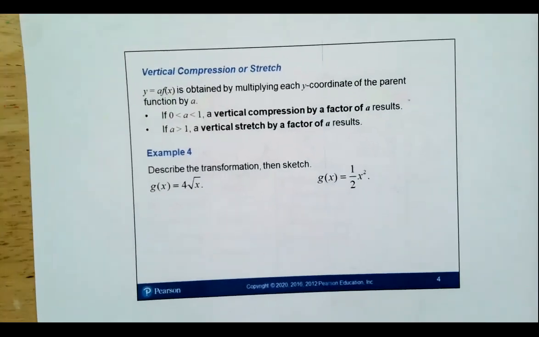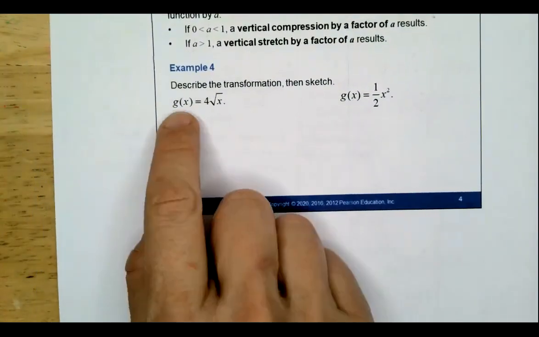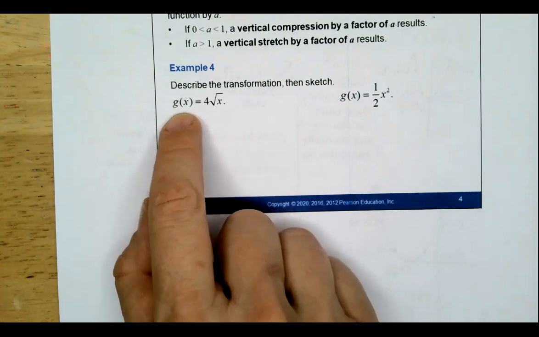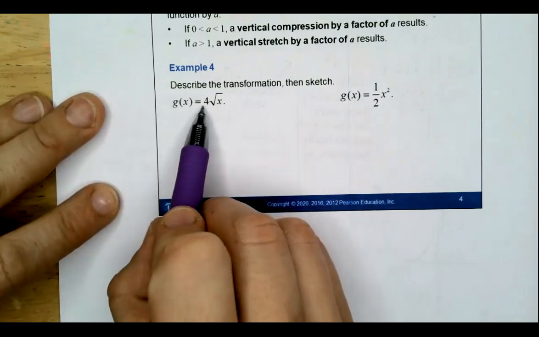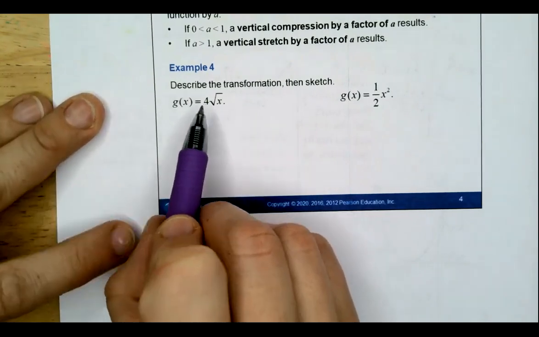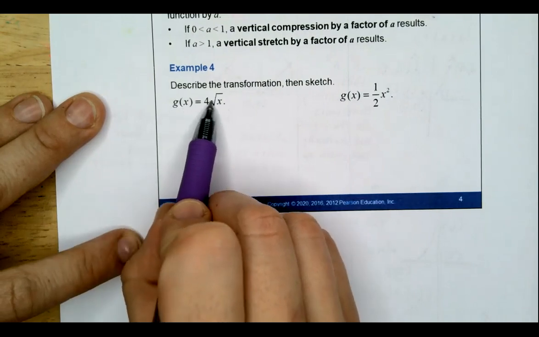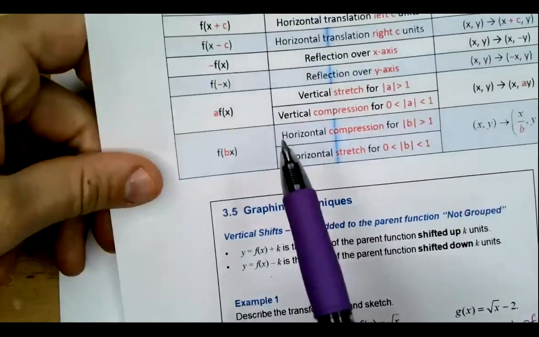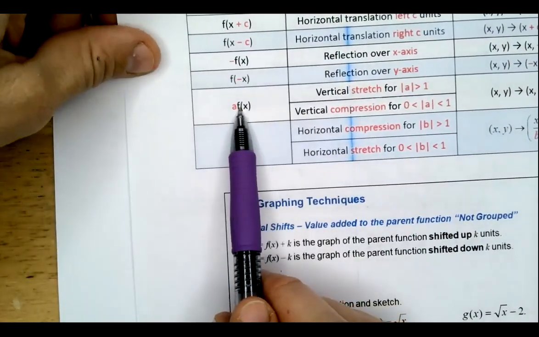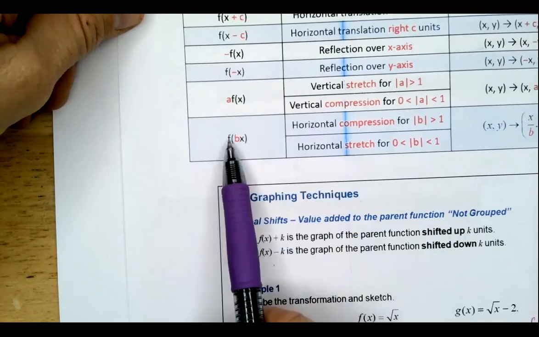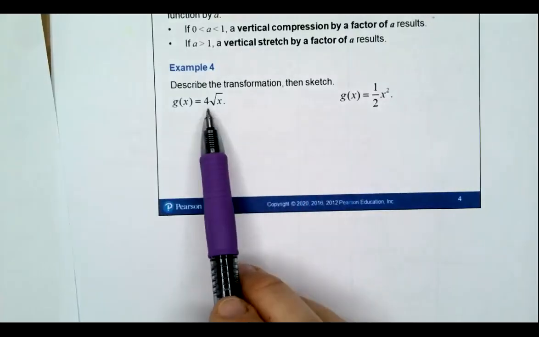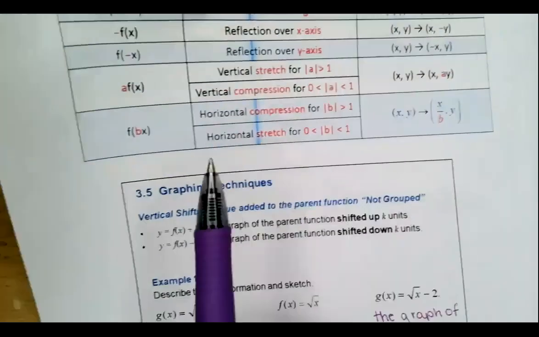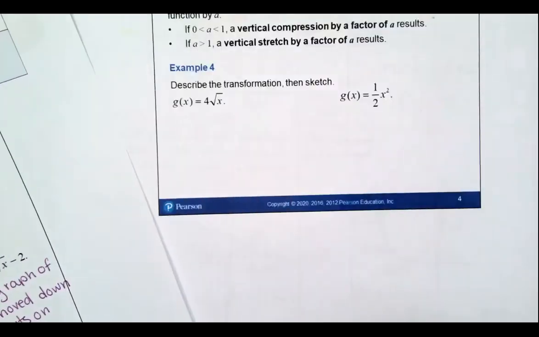by that many, okay? So for example 4, describe the transformation and sketch it. g of x equals 4 square root x. Look at this so that you can tell the difference between 4 square root x, this guy, and then the square root of 4x would be this guy.